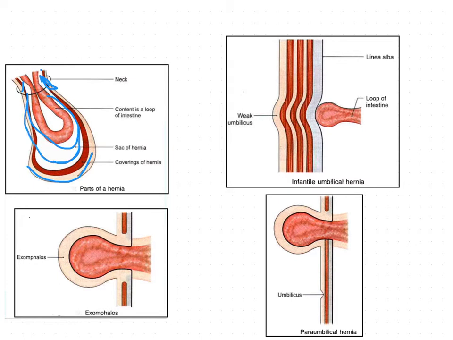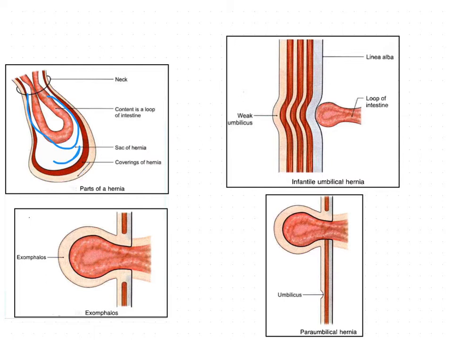So this body is the bigger part. So these are the parts of the hernia. A hernia consists of a sac and its contents, and these contents and the sac are covered by coverings. And this comprises a neck, a narrowed part and the bigger part.